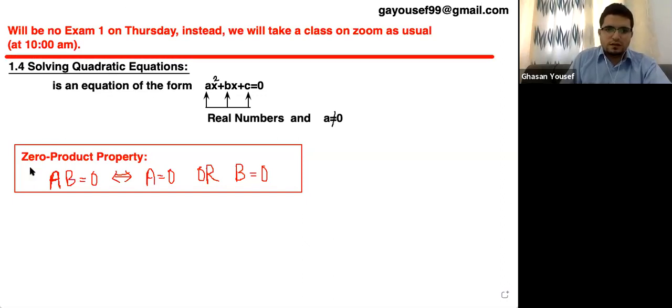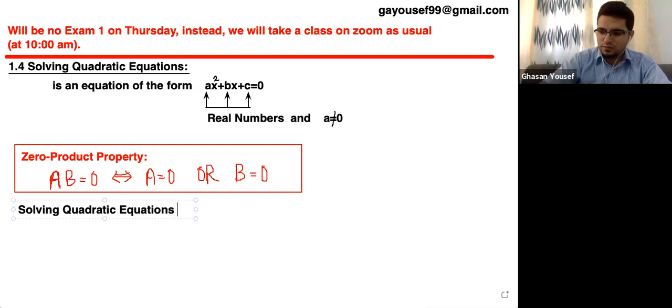So we're starting by solving a quadratic equation by factoring. This is the first way for solving a quadratic equation. We're going to solve it by factoring.